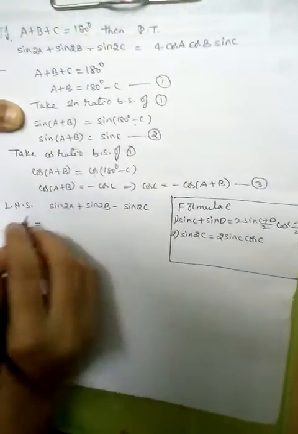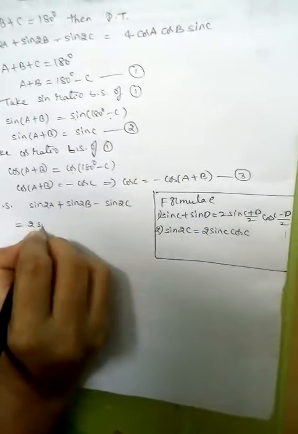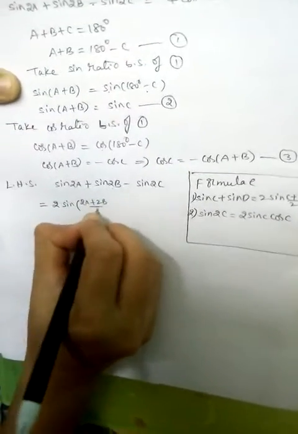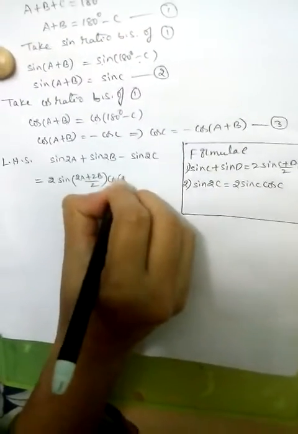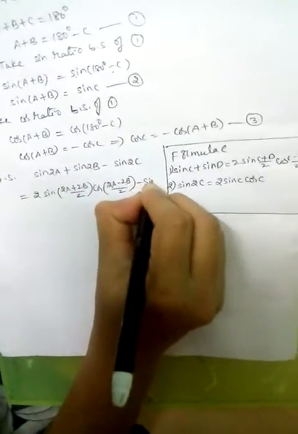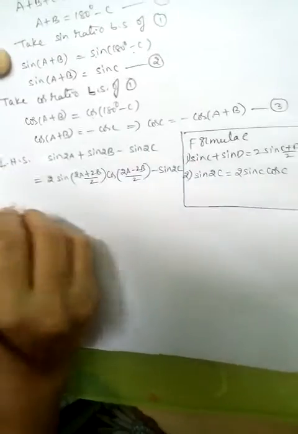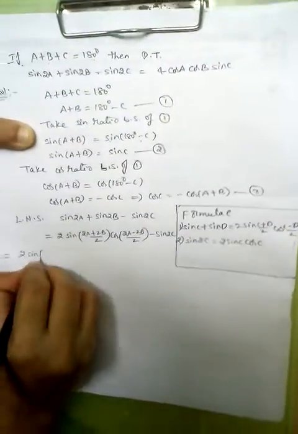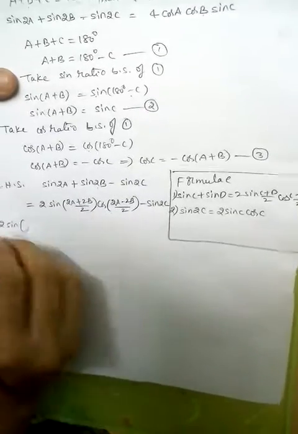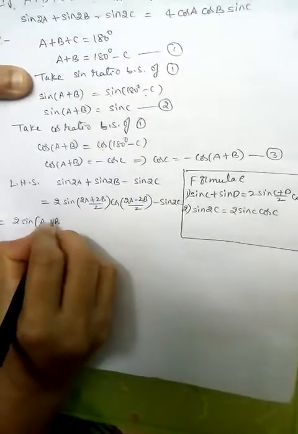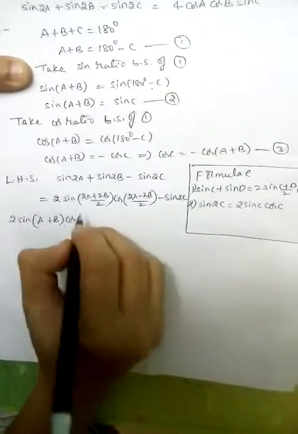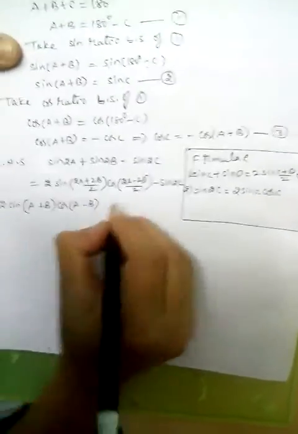Now in this place, 2 sin (2a plus 2b) by 2 cos (2a minus 2b) by 2 minus sin 2c, which is equal to 2 sin, take the 2 as common, cancel numerator and denominator 2, we can get a plus b. And here cancel, take the 2 as common and cancel, then we will get a minus b.